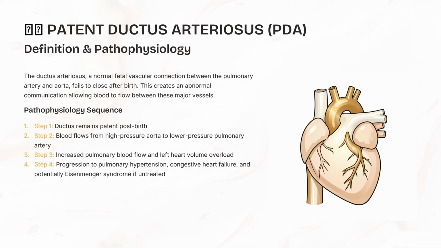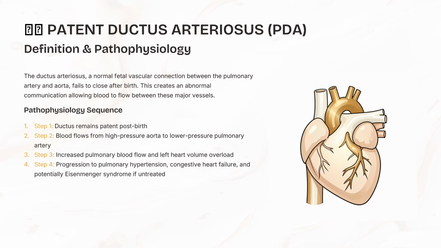During the third step, the blood coming from the aorta moves to the lung. From the lung, after purification, it again comes to the left atrium, then the left ventricle. So this is the reason that the left side of the heart gets overloaded.